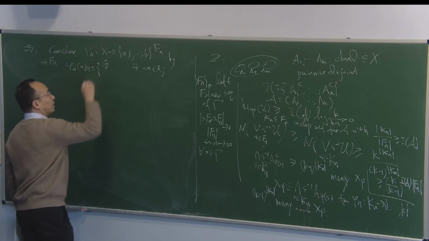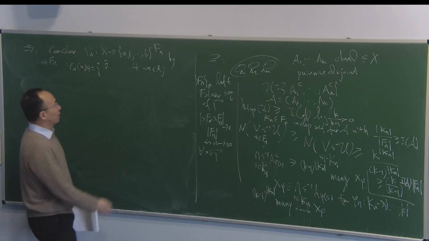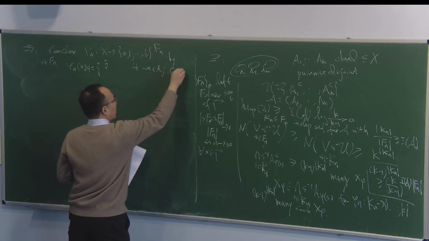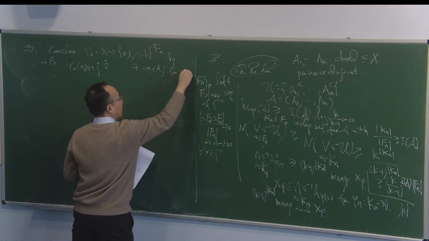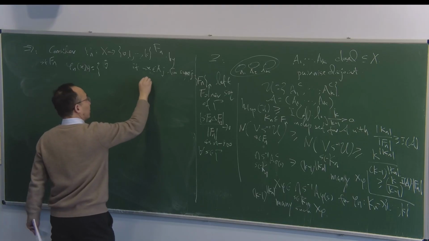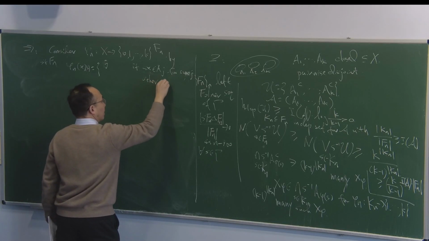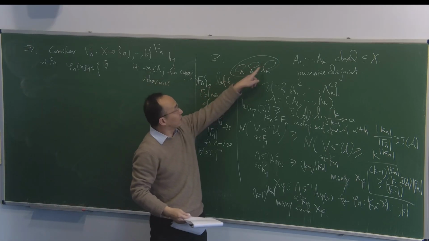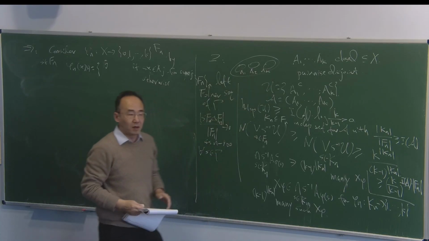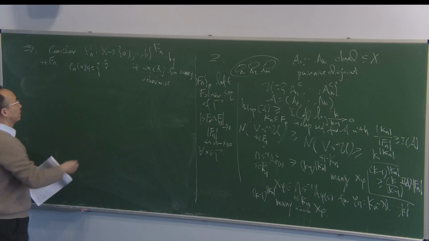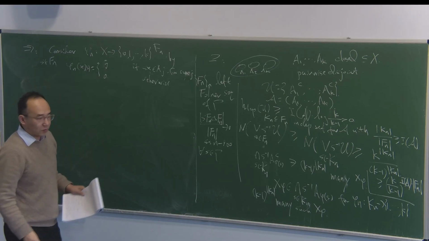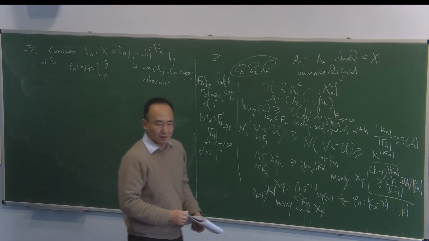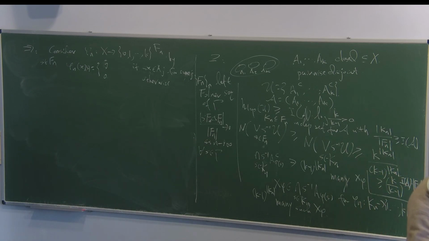Otherwise, x is actually inside the complement of all these AJs together. Then we just put it as 0. That's why we need 0 here.